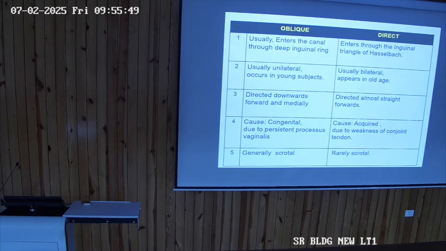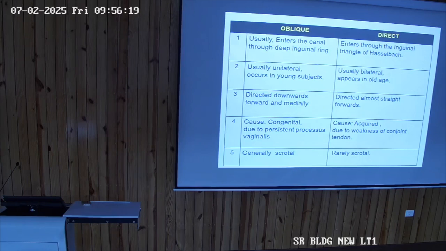Through the triangle of Hesselbach. Then indirect occurs in the young population because the patent processus is there, and direct is bilateral and it appears in old age. तो अगर कोई वेट बेयर कर रहा है ओल्ड एज में जाके, सो इट कैन प्रॉब्लम. दैट इज डायरेक्टली डाउनवर्ड फॉरवर्ड एंड मीडियली दिस इज ऑलमोस्ट स्ट्रेट फॉरवर्ड. सो दैट इज, इट इज डायरेक्ट.